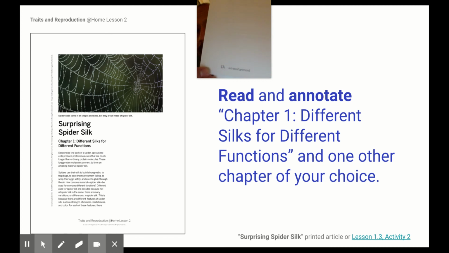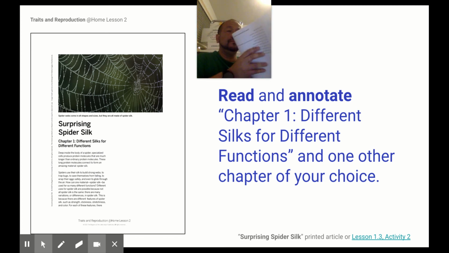This article talks about how spiders come in different shapes and sizes. They're all made of spider silk. And there's page 1, page 2, page 3, page 4, page 5, and A6. So this goes all the way to A6. We're going to read it together. We're going to annotate it. We're going to discuss it.